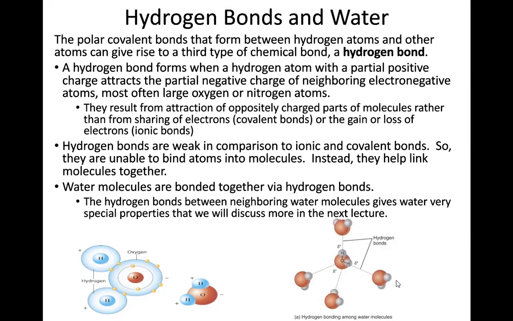Notice the dotted lines that are shown here are going from red to gray, or you could say gray to red, from partially positive to partially negative. Opposites attract. Okay. Hydrogen bonds are weak in comparison to ionic and covalent bonds. Okay. But these are hard to break at the same time, which sounds really stupid, but I'll make sense here in just a second.